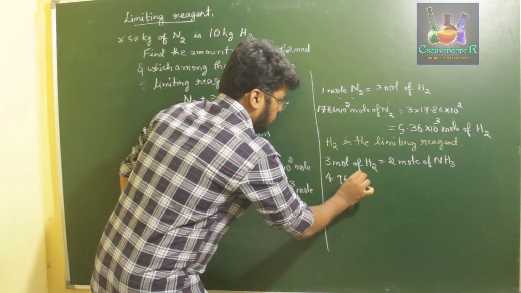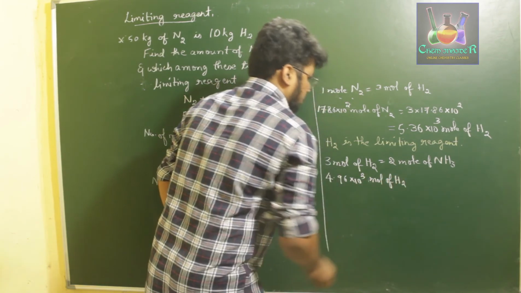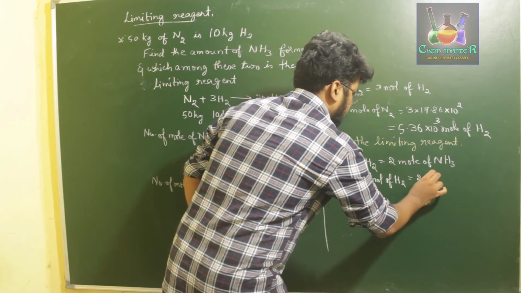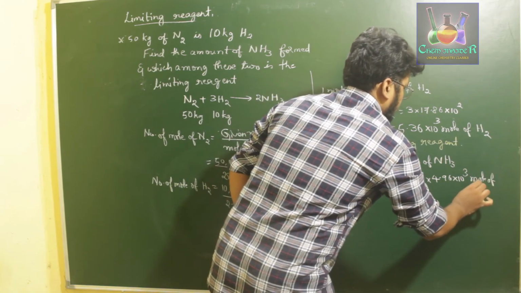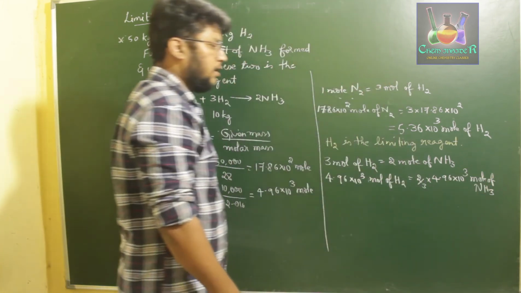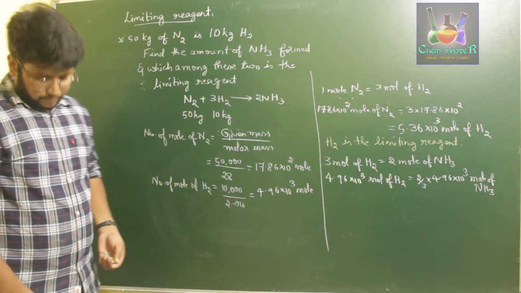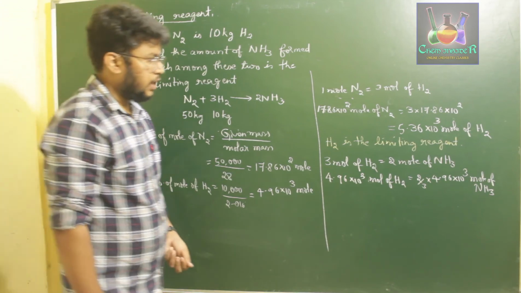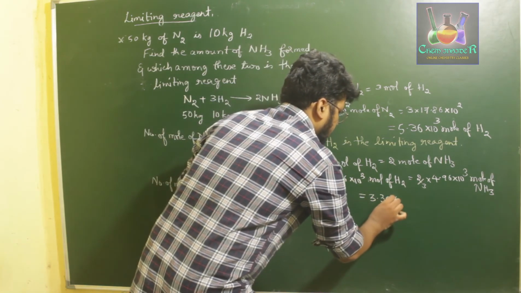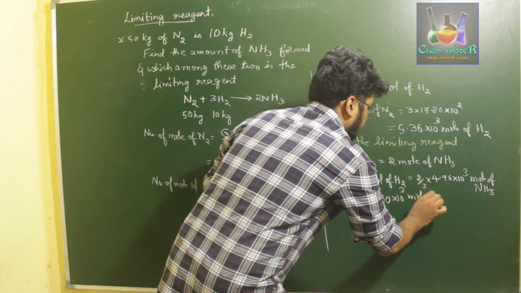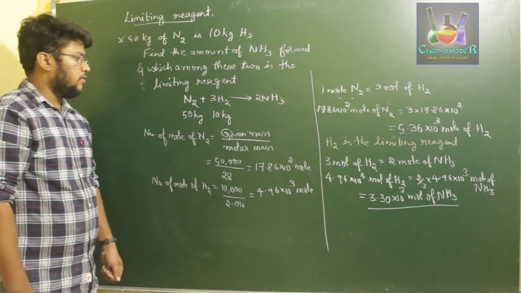On solving that, we get 3.30 × 10^3. So the amount of ammonia prepared is just 3.30 × 10^3 moles.